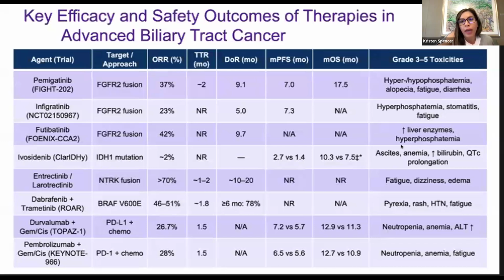It used to be true that we had very few tools in our toolkits as medical oncologists treating advanced biliary tract cancers, but this is a table summarizing the FDA approvals we've had for both targeted and immunotherapies in the last several years. And you can see what's really a theme about all of them, perhaps with the exception of ivosidenib in the setting of IDH1 mutations, is that we have really high response rates and they don't take that long to achieve.